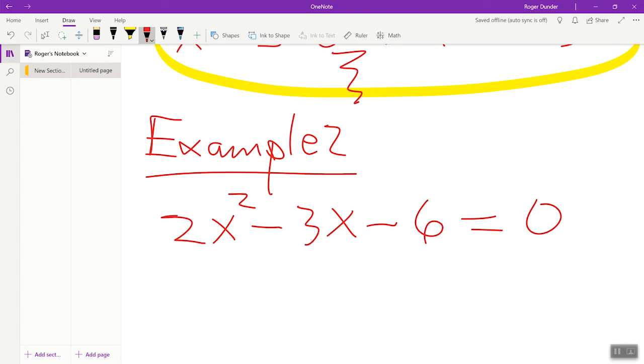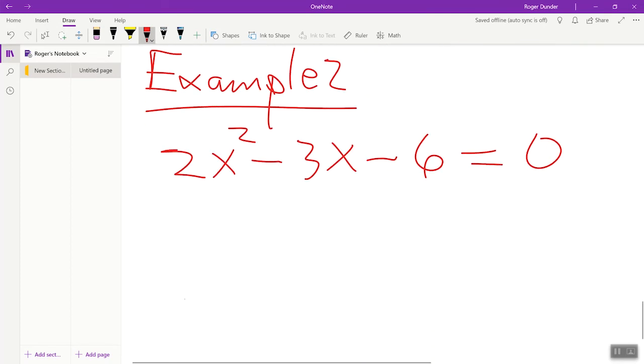Let's solve this one here. Okay, what is A? A is right here. B is right here. And C is right here.